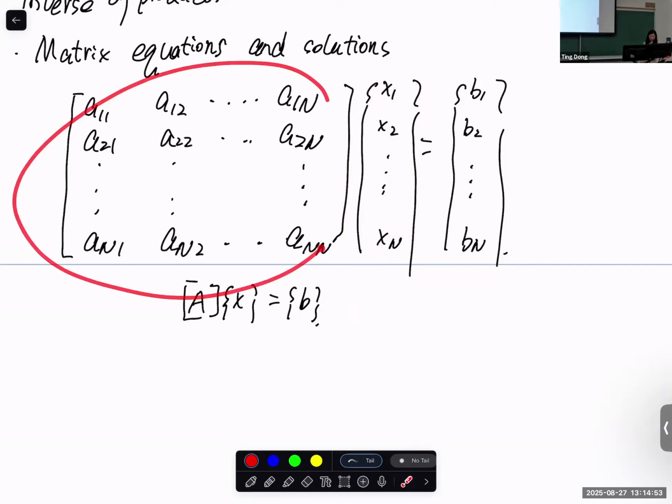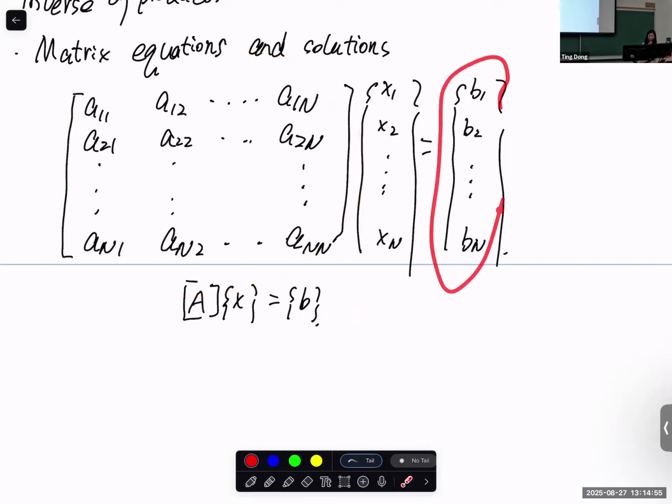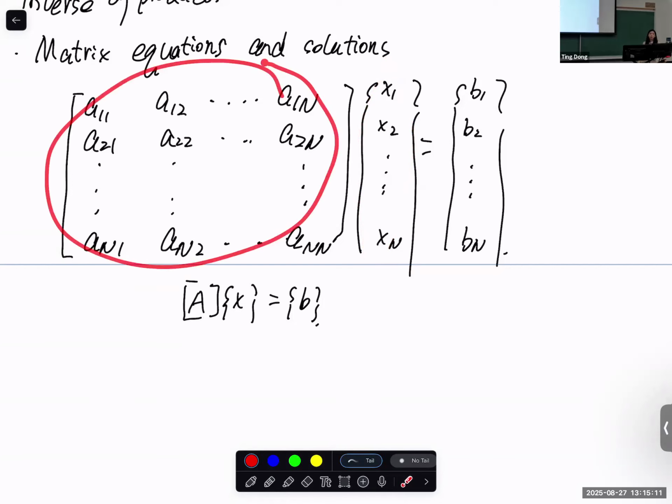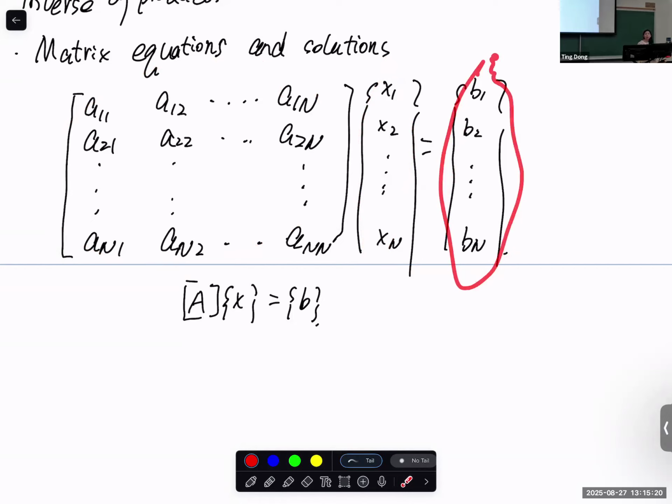And if we have this n by n matrix and this given vector, does that mean we can definitely solve for this x vector? Yes or no? If we have the n by n matrix here as given information, and the B vector with n components, does it mean we definitely can solve these n unknowns?